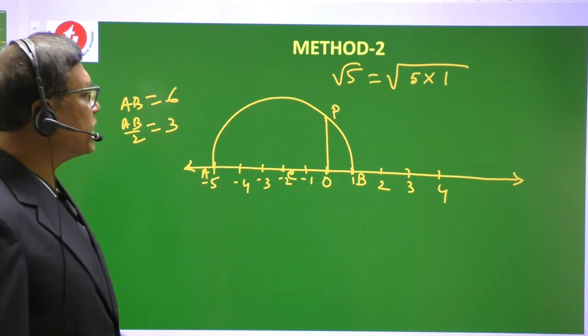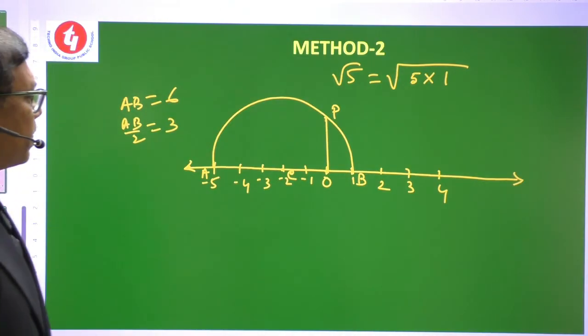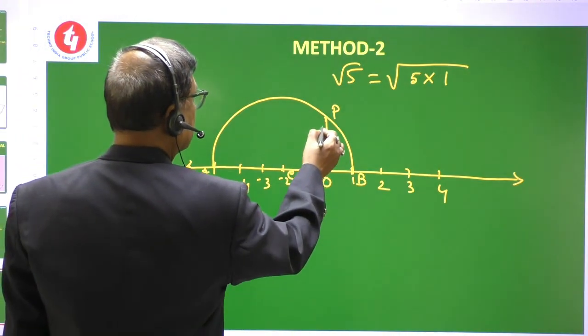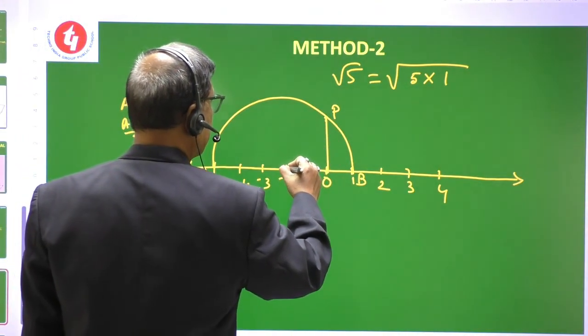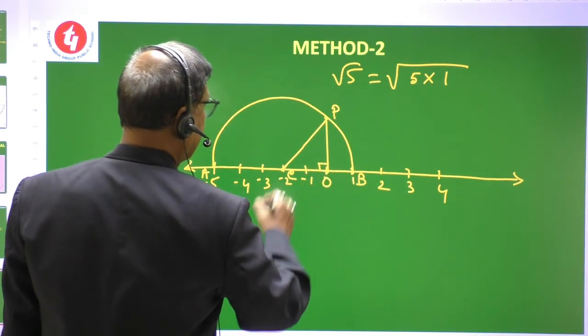Now what will be the length of OP? What will be the length of OP? How will we measure it? Now from center to point P, if I join CP, it is a right angle triangle.